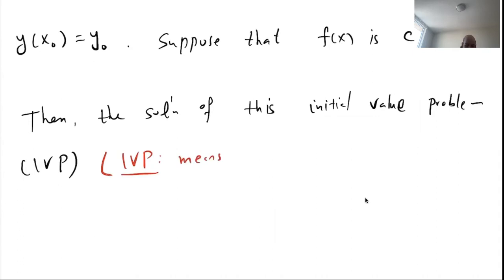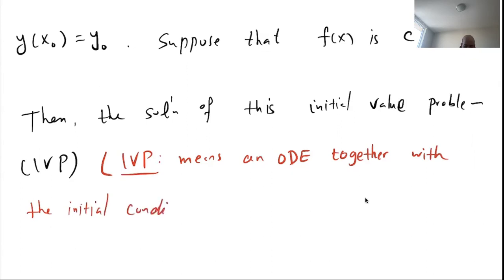means a differential equation, or an ODE, together with the initial conditions. Okay, IVP means ODE with the initial condition. Then it's called an initial value problem.